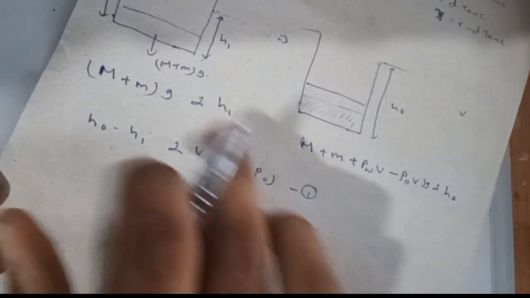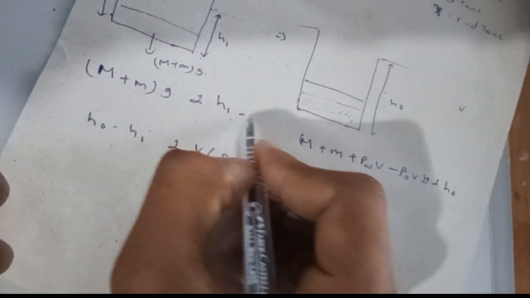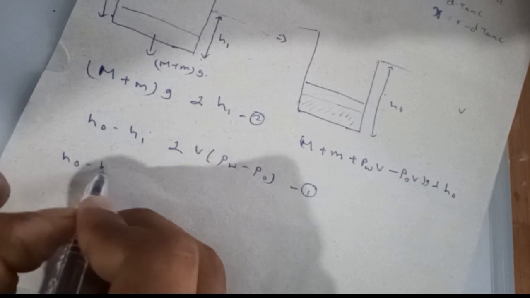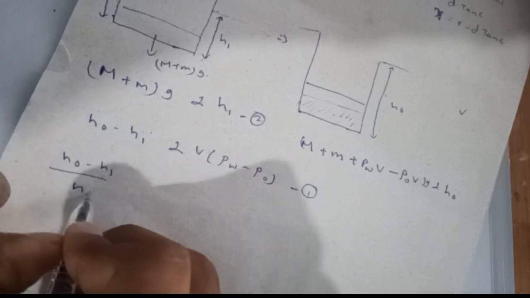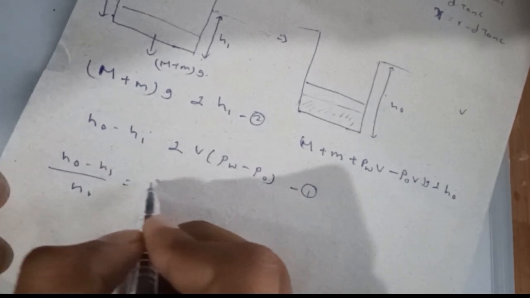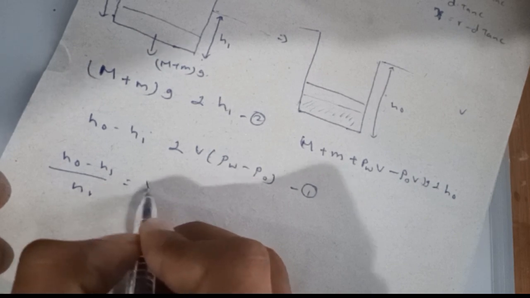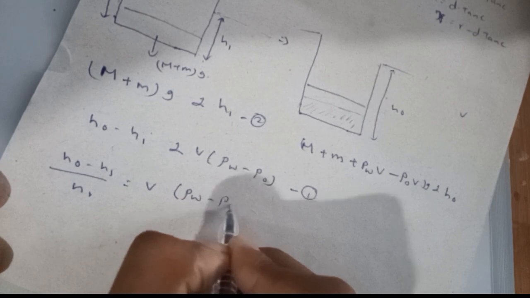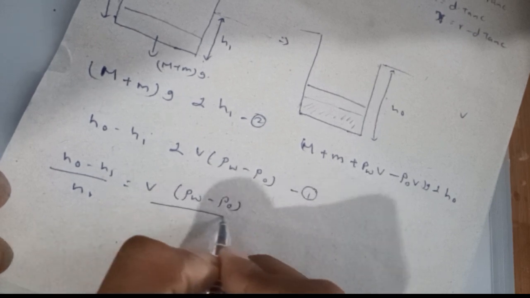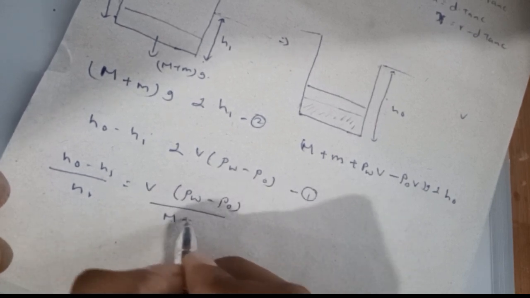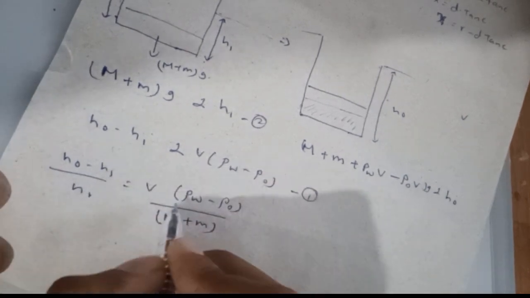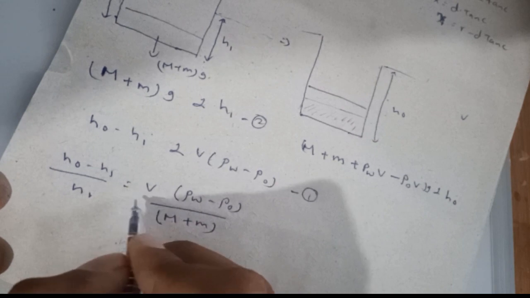So if I divide by expression number 2, I would get h naught minus h1 over h1 is supposed to be equal to V times rho w minus rho naught over capital M plus small m. Now the expression they are expecting from us is V over V naught.